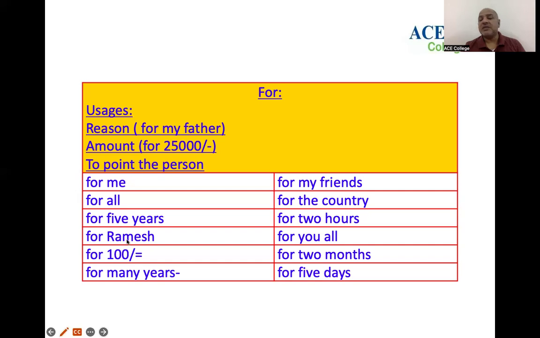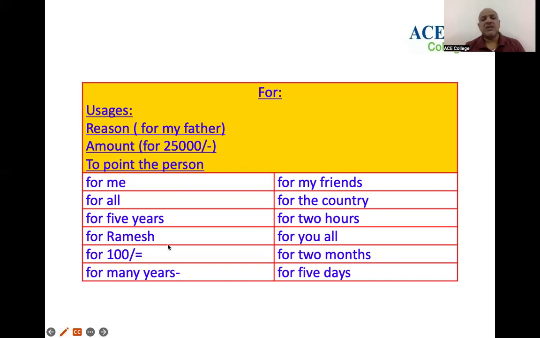Then you have to point the person. So for Ramesh, I purchased a laptop for Ramesh. He is my friend. Okay, for 10 rupees, whatever. So I purchased a pen or pencil, whatever it is, for 10 rupees. Now you have to tell about it, for how many years?